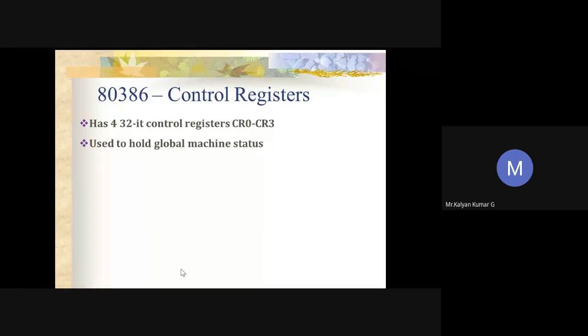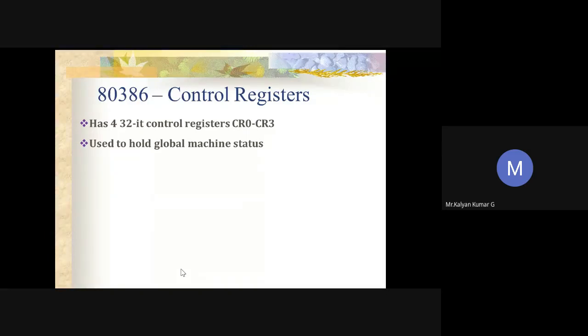The main purpose of these control registers is to hold your global machine status. I think you remember what the machine status is. The machine status flag is available only from 80286, and here also we have the machine status flag. We'll see later, in later slides, what the global machine status is. And apart from that, here we also have instructions available for load and store.